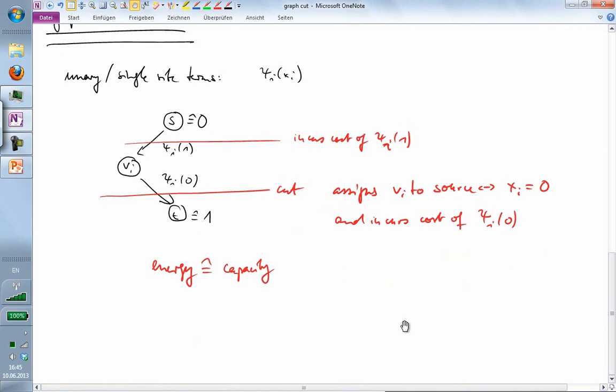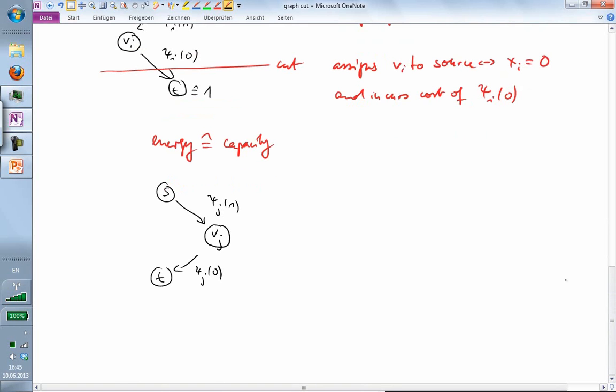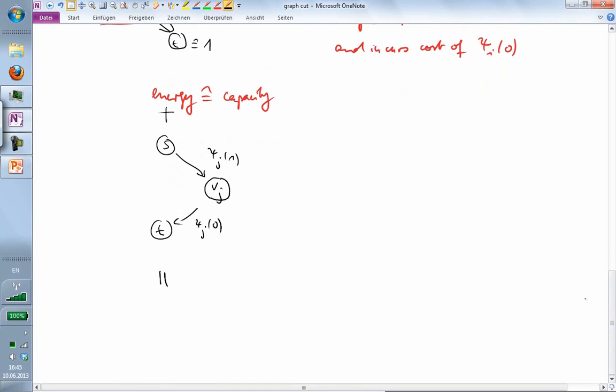Okay, and then I have a similar construction for my vertex j. So this is psi j of 1, this capacity here, and that capacity is psi j of 0. And now these 2 graphs can be combined into a single one. So let me write plus, because we have a summation in our energy function.